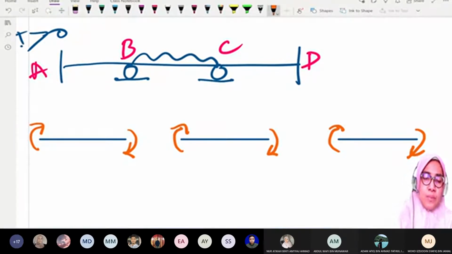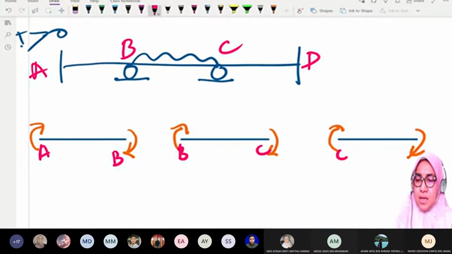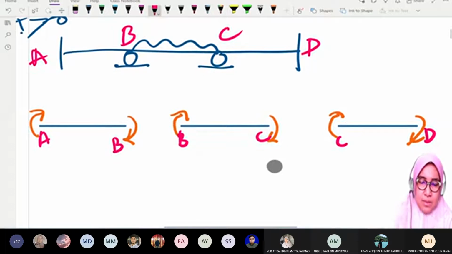So the orange moments, these are all the member end moments. If we have A, B, BC, CD, how many member end moments do we have for this beam?